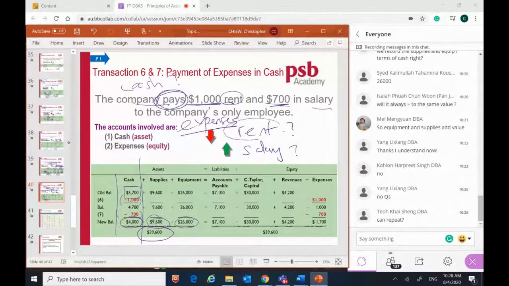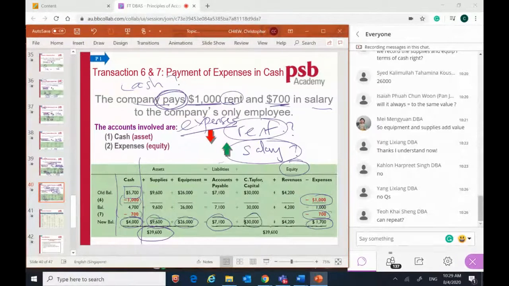But what is rent and what is salary? These are your expenses. So expenses will affect the owner's equity. Expenses here, rent, expenses for salary, total expenses 1,700. Okay. Now let's see whether it balances or not. Total liability 7,100.